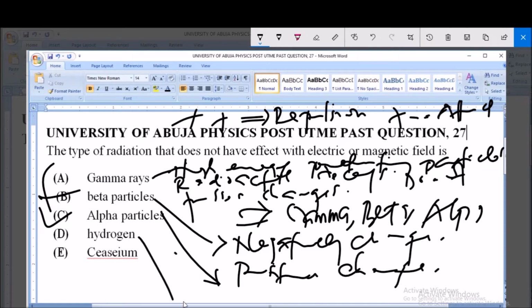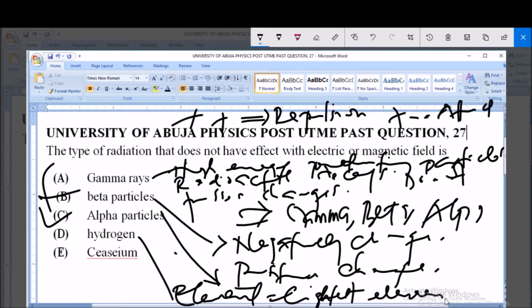Now, hydrogen is an element, the first element in the periodic table, and it is the lightest known element, with an atomic number of 1. Cesium is also an element, and this element is a metal.